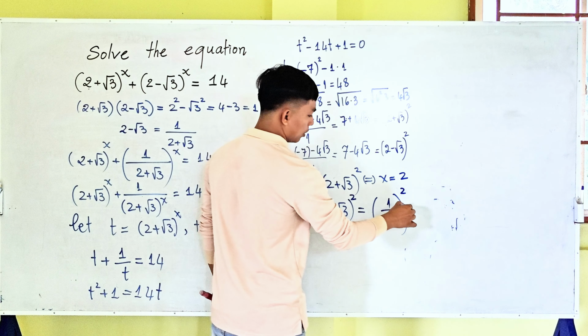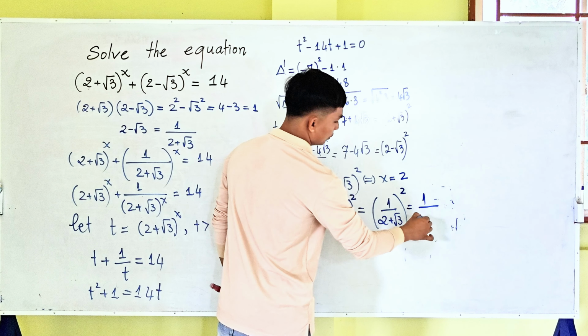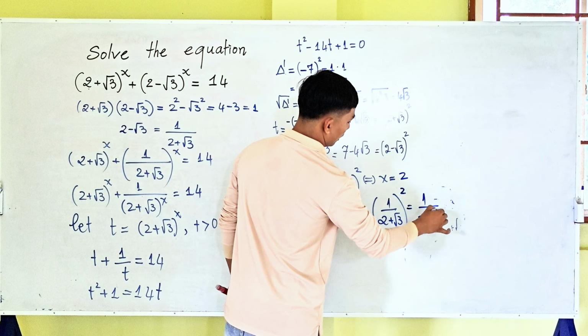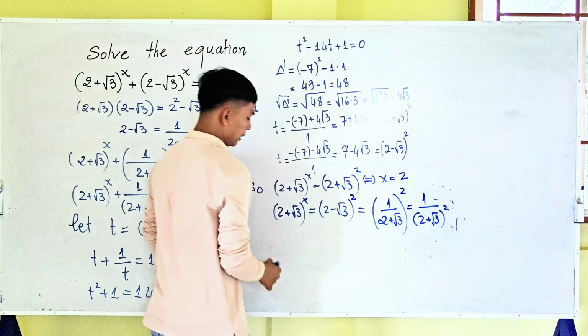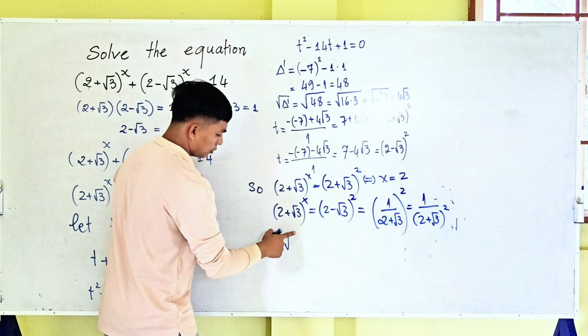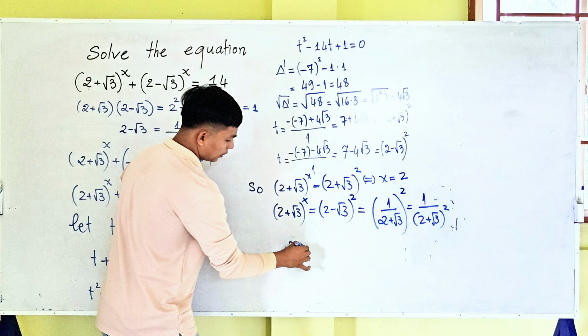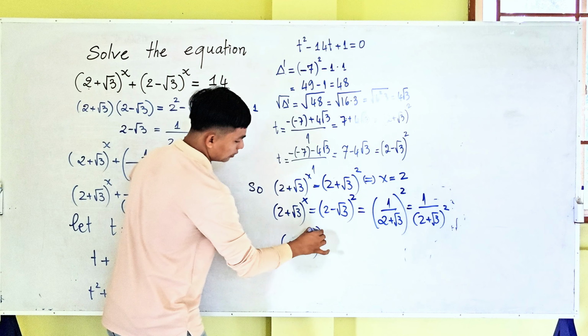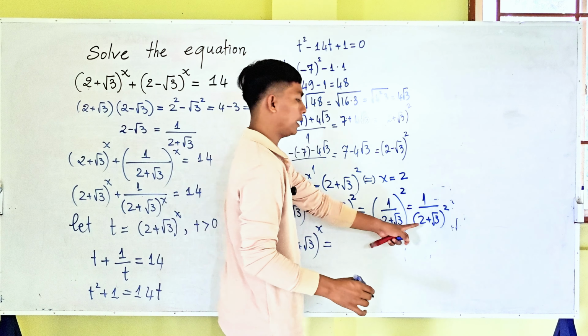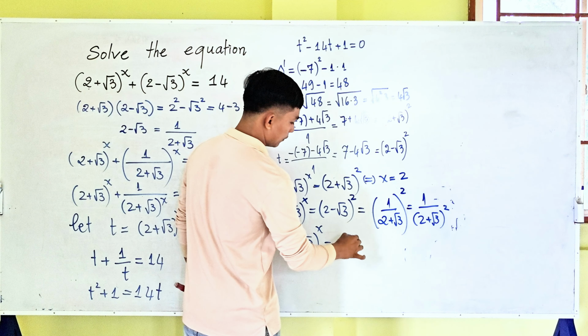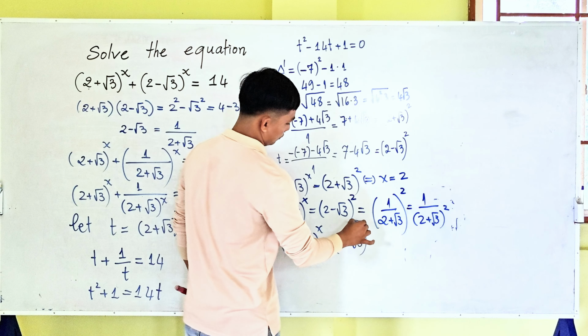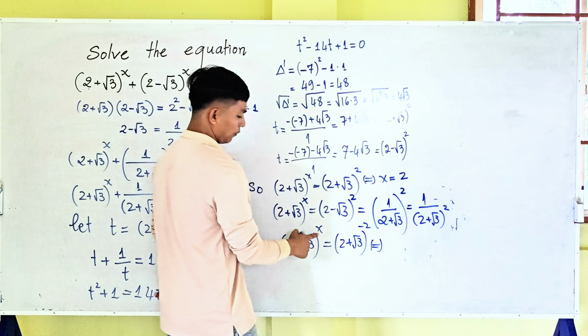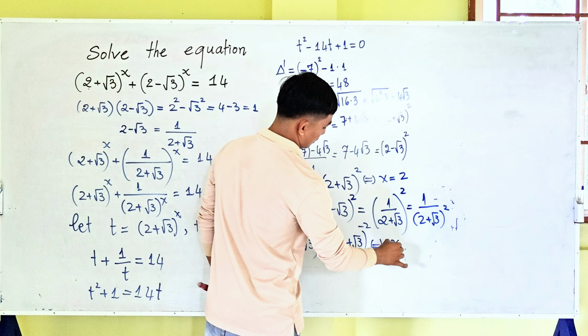And here is equal 1 divided by (2 plus square root 3) all squared. And we get (2 plus square root 3) to the power 8 equal (2 plus square root 3) to the power negative 2. And we get the value of x equal negative 2.